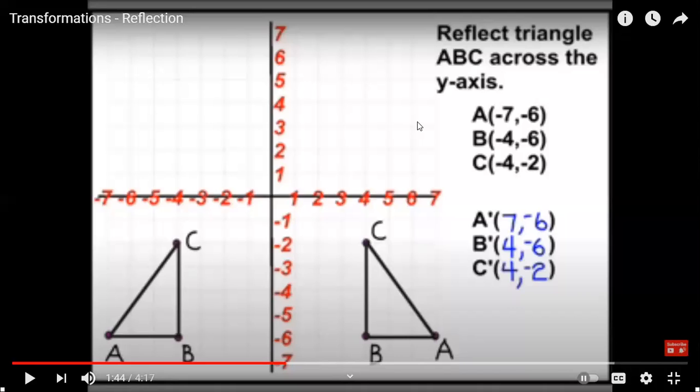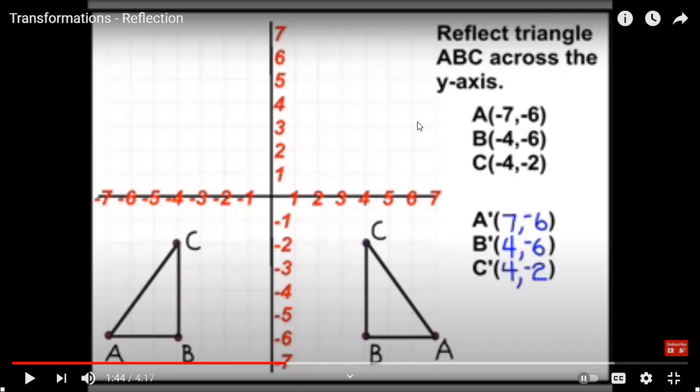So if we want to reflect across the y-axis, what do we have to do? If we want to reflect across the y-axis, Kenzie, where are you? Yes, ma'am. We should change the sign of the x. Yes.